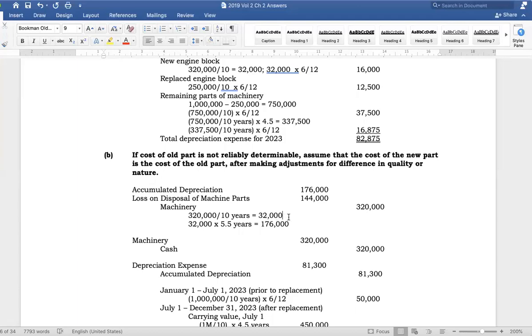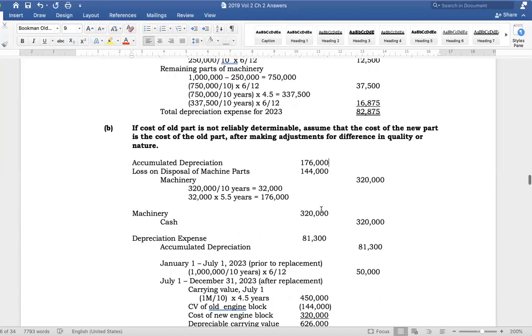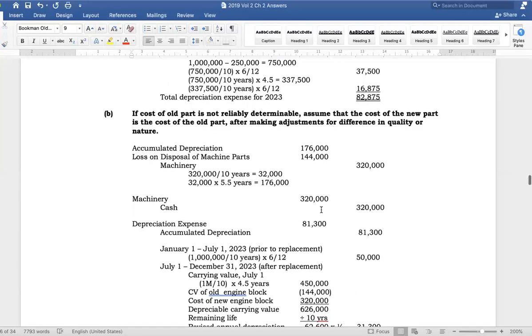So the annual depreciation on the part is 32,000 times number of years that lapse from the date of acquisition to the date of replacement. So that's 176,000. So the carrying value of the asset is transferred to a loss, 144,000. And then capitalize the cost of the new part. We debit machinery for 320,000, credit cash for 320,000.